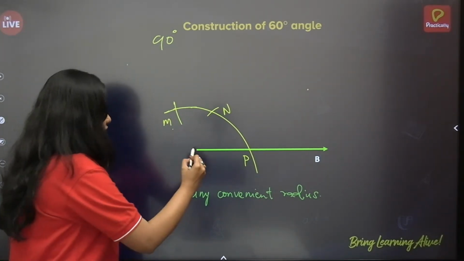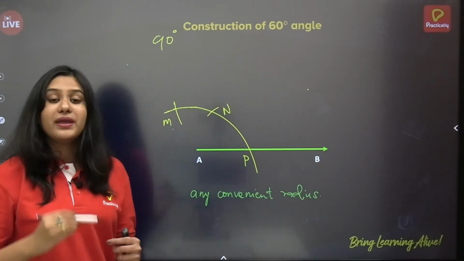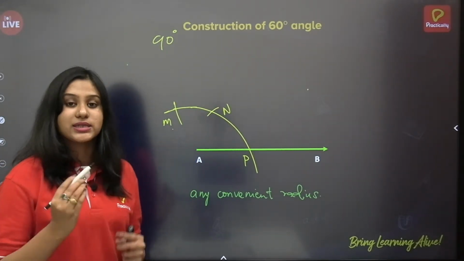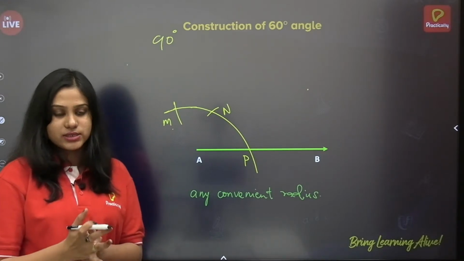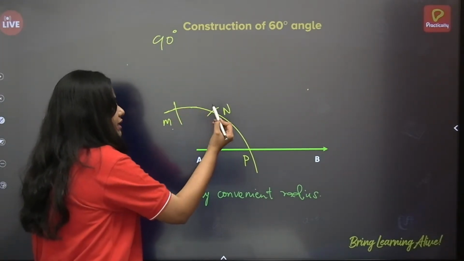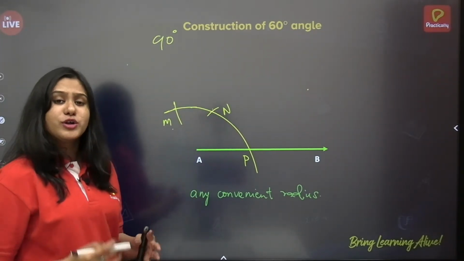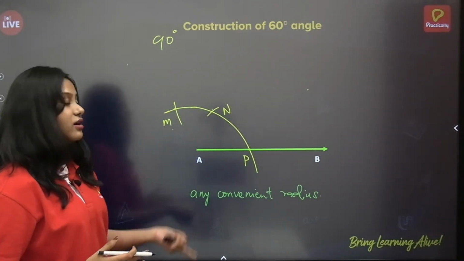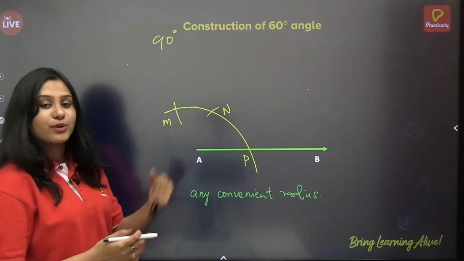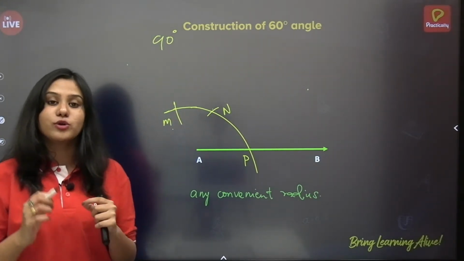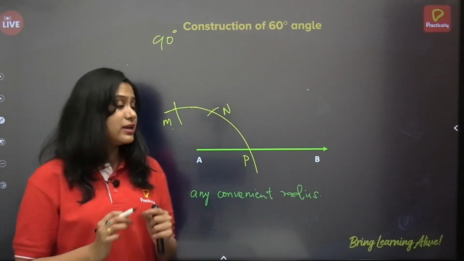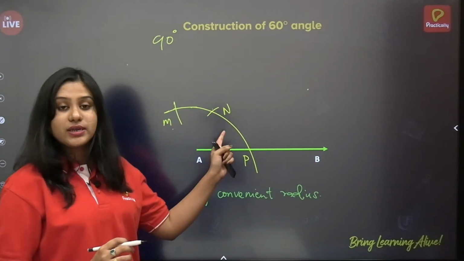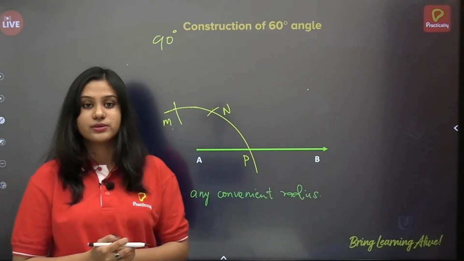Now, if I join AM, that would be 120 degrees. That is double of 60 degrees, correct? So this is 120, this is 60. What would be the angle bisector of 60 and 120? Comment. What would be the angle bisector of 60 degrees and 120 degrees?